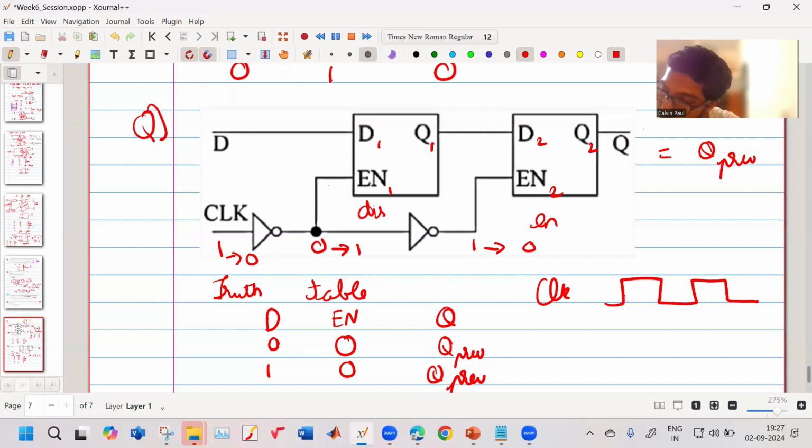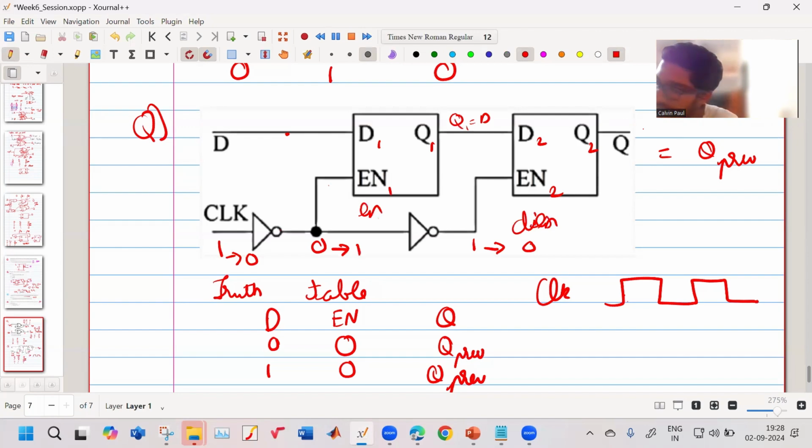So now this is disabled and this is enabled. So at this instant, what D is there, your Q1 will be equal to D. Right? And that will further pass.